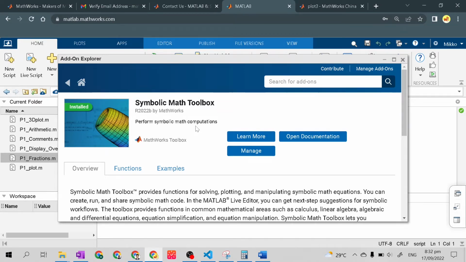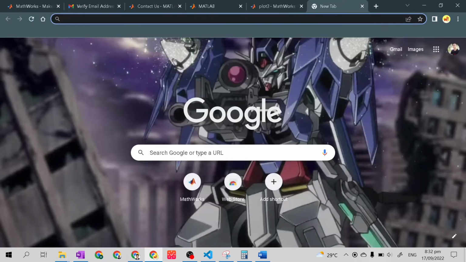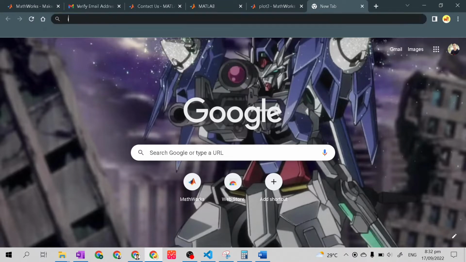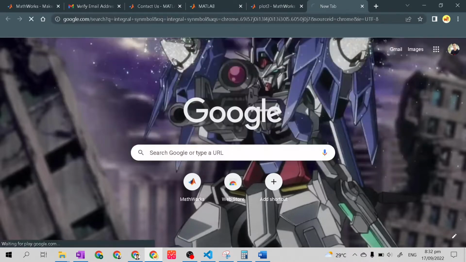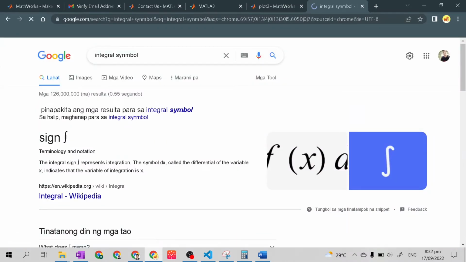So what is symbolic math? What are symbolic mathematics? An example is the integral, the integral calculus. The integral symbol is this sign. What do you call this sign?